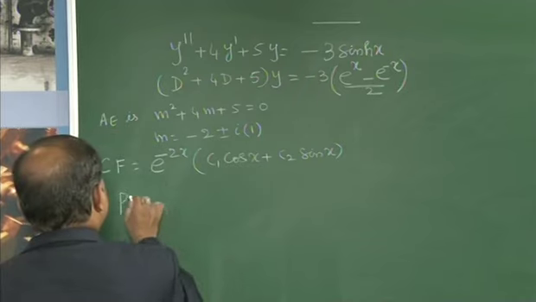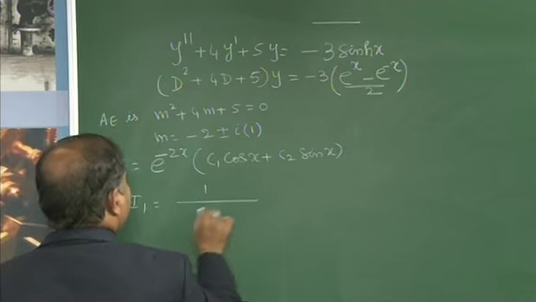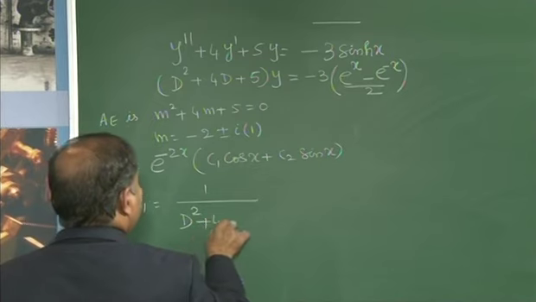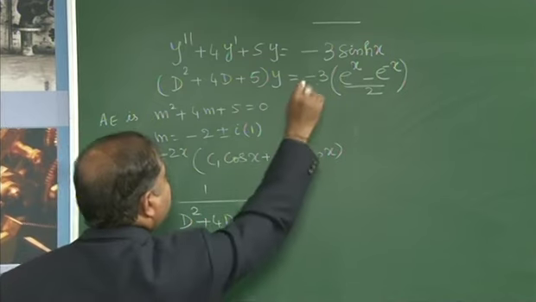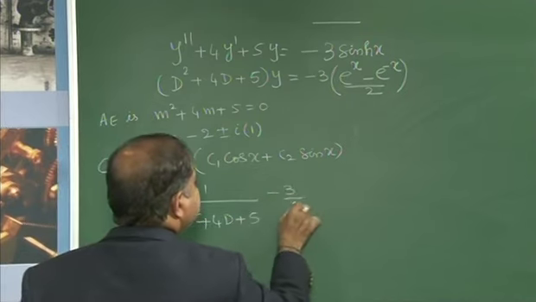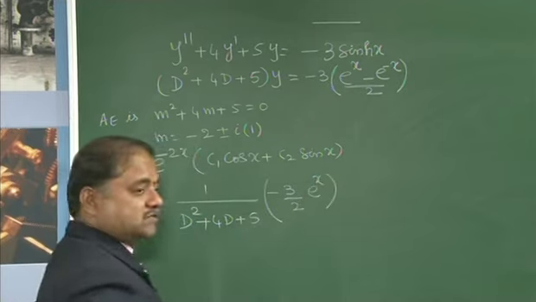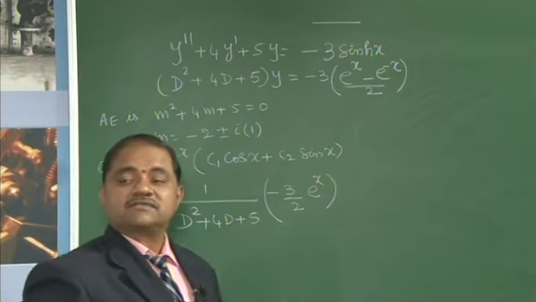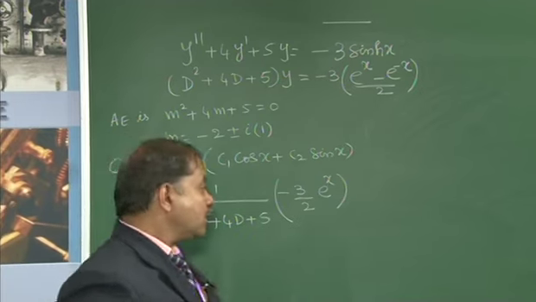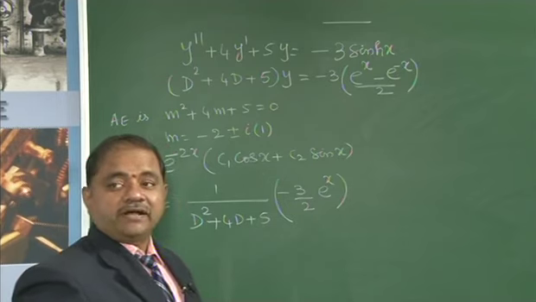PI1 is 1 by (d square plus 4d plus 5). Take the first term, minus 3 by 2 e power x. Wherever you get a minus, write it in brackets, minus 3 by 2 e power x.